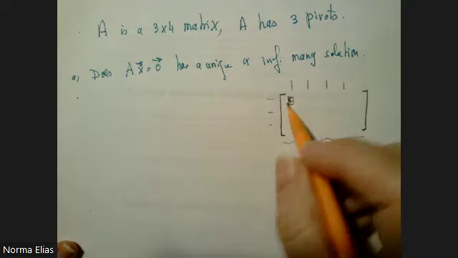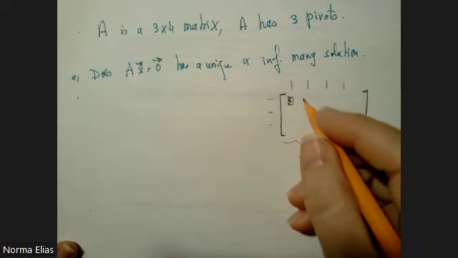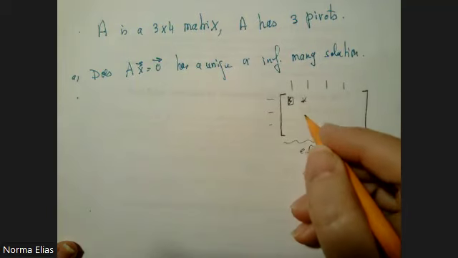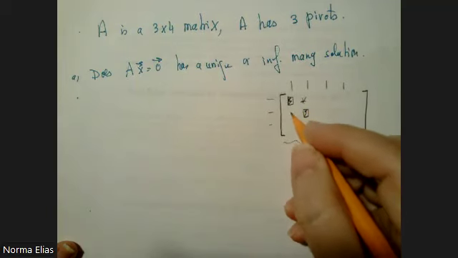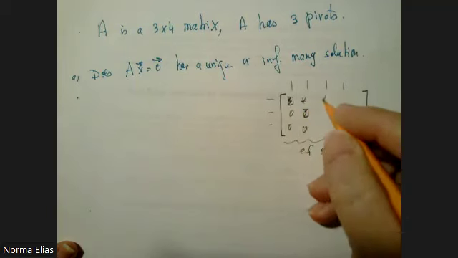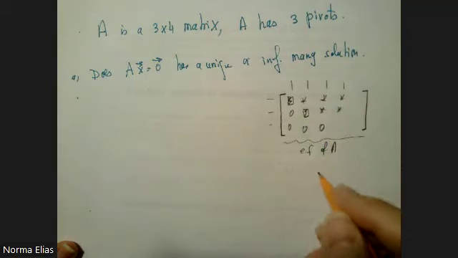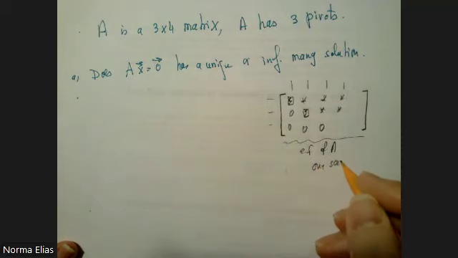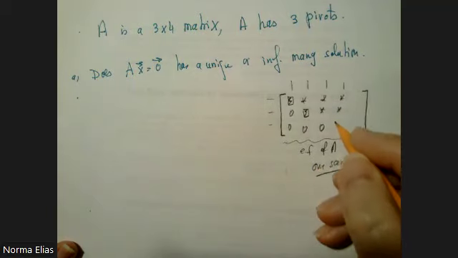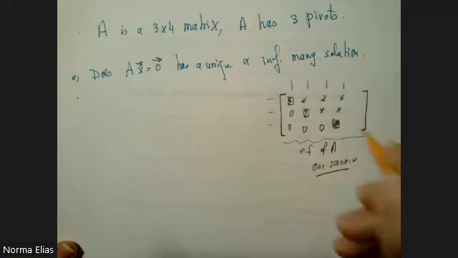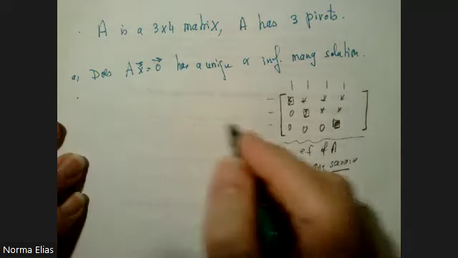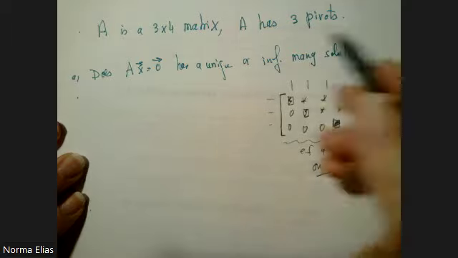Since it has 3 pivots and 3 rows, we definitely have a pivot in every row. So that's one scenario. That's not the only scenario. We can have other scenarios for the echelon form. So we have 3 pivots.